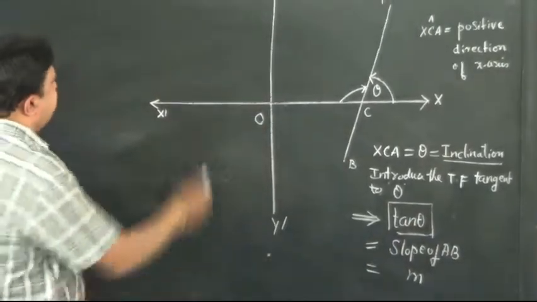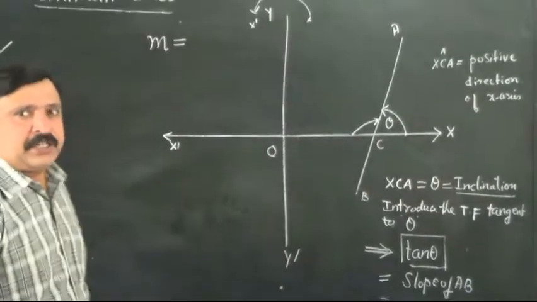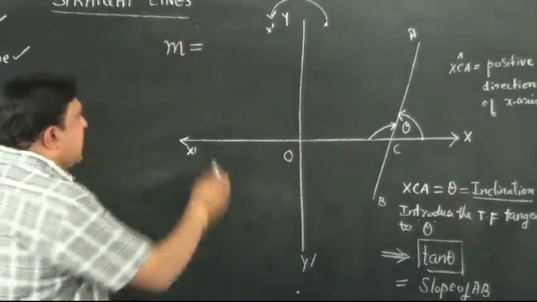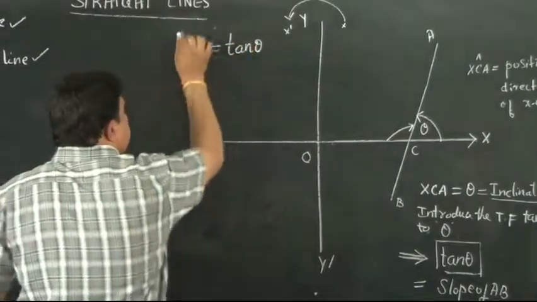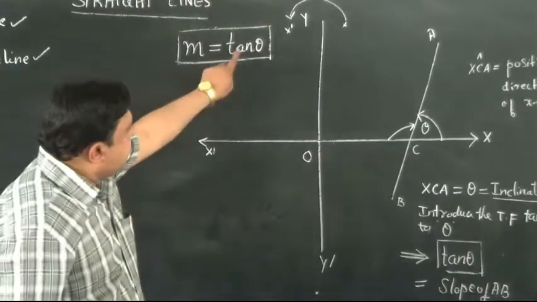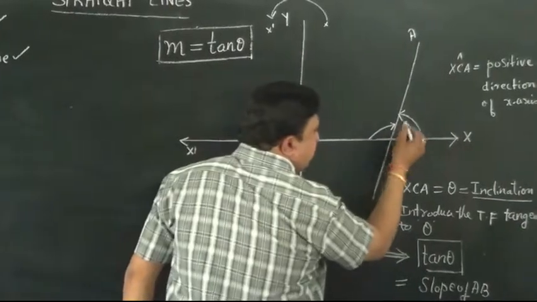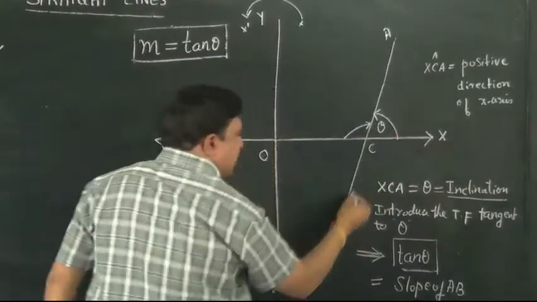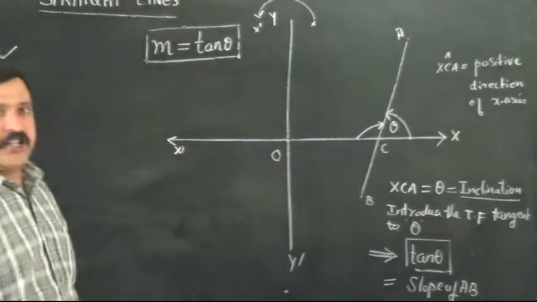So we get a simple formula for the slope of the line. M is the symbolic representation of the slope of a line. Tan theta is the numerical value of the slope of the line. And the slope of the line can be defined as tangent of the angle made by the line with the x-axis in anti-clockwise direction.